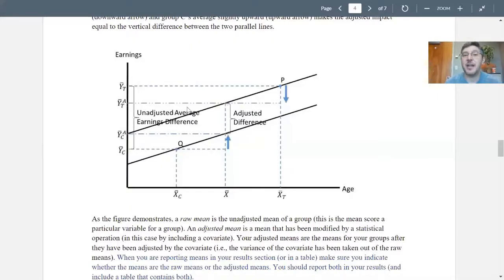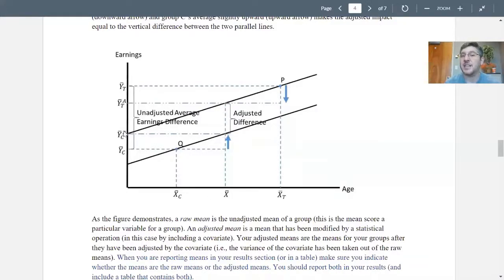And so here would be our adjusted earnings mean for the treatment group. And then for the control group, it's also going to adjust towards the grand mean. So some groups get adjusted up, some groups get adjusted down, both towards the grand mean.